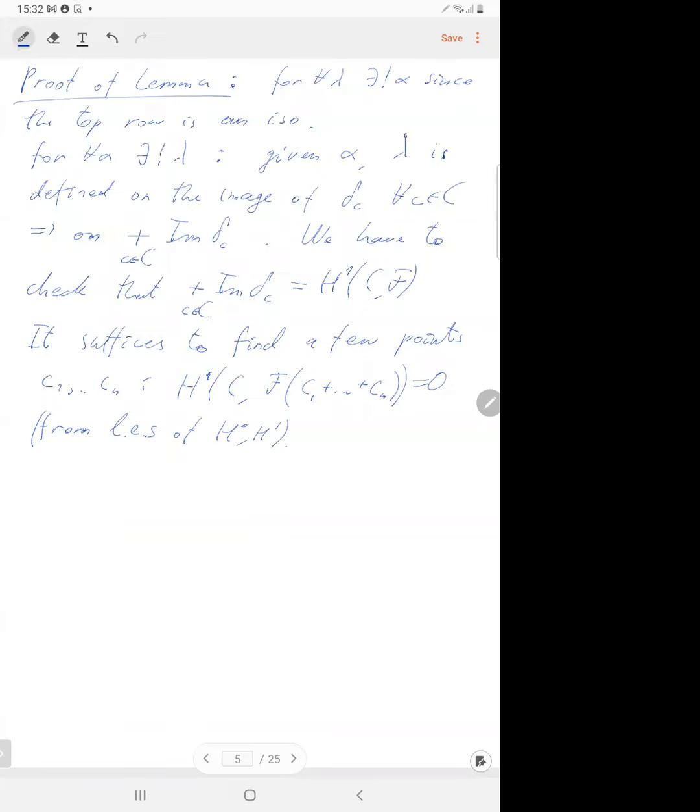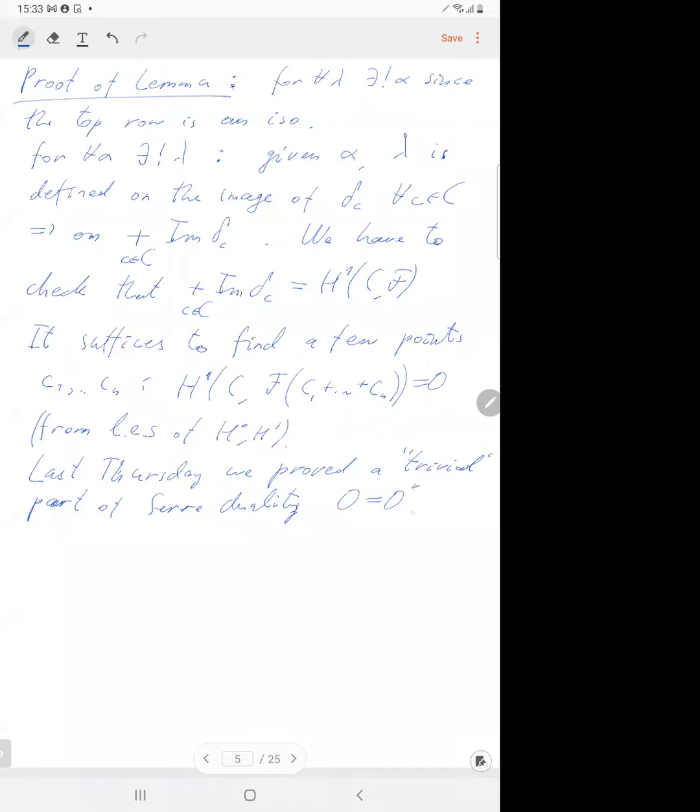But now, last Thursday we proved, as a trivial part of Serre duality, that when something was 0, the would-be dual thing was also 0, right? 0 equals 0 dual, if you want.